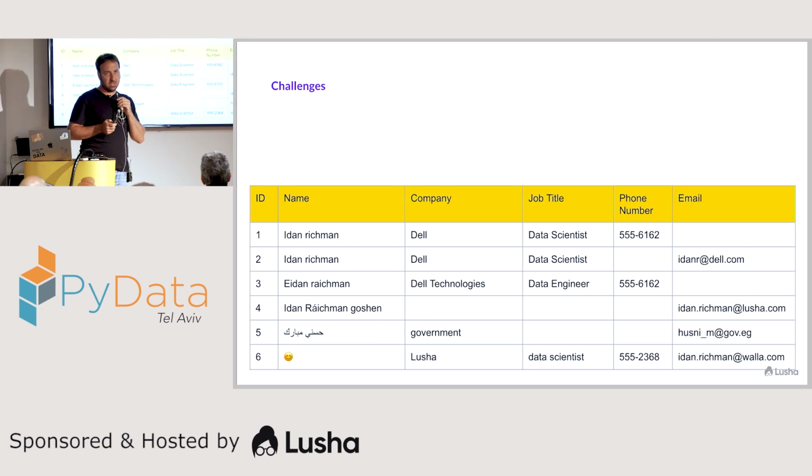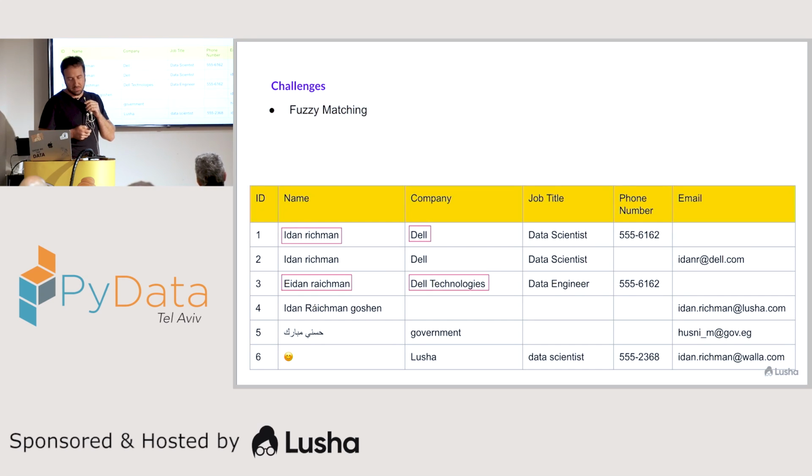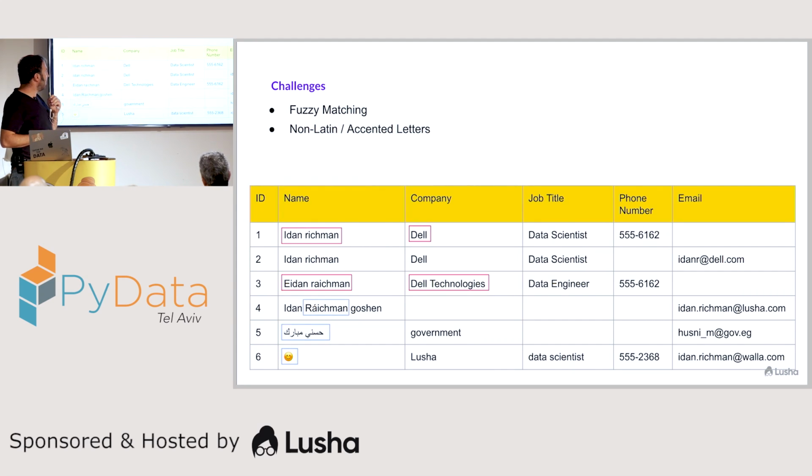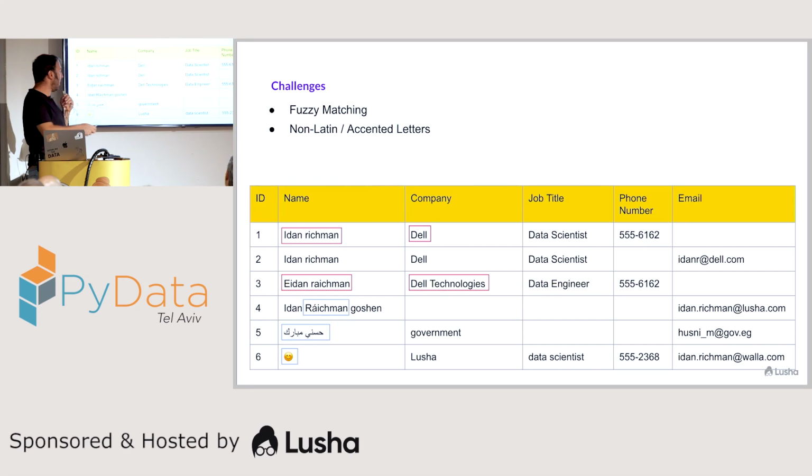The challenges that we've got are, first of all, fuzzy matching. The name can differ a bit at character level; you can see this one starts with an I, and this one starts with an E. And we've got non-Latin or accented letters that could be different. We've got semantic matching: let's say data scientist and data engineer.